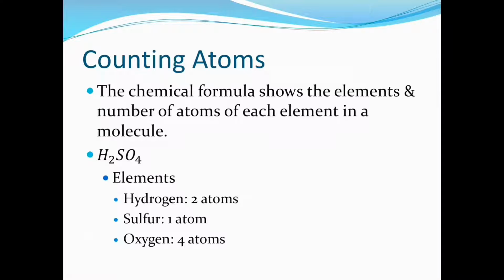For example, right here we have H2SO4, which is sulfuric acid, and the elements in there are hydrogen, sulfur, and oxygen. And if you remember, the subscript tells you how many atoms of each of these elements there are in this compound. So we have 2 hydrogens, 1 sulfur, and 4 oxygens.